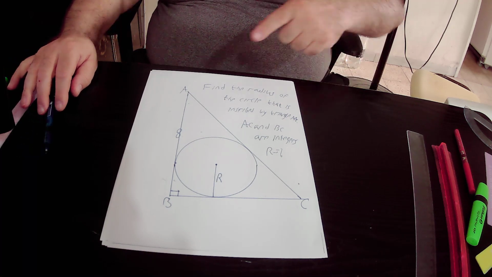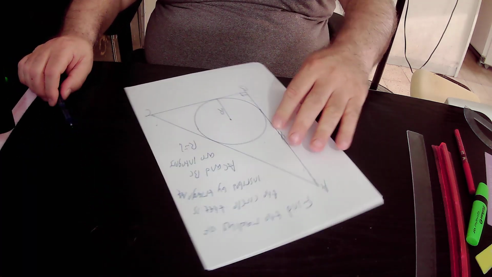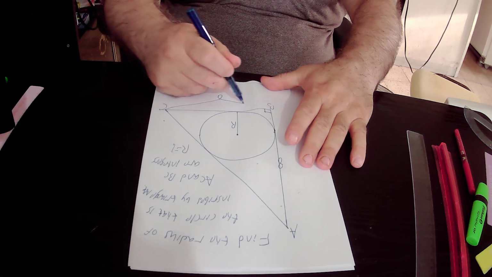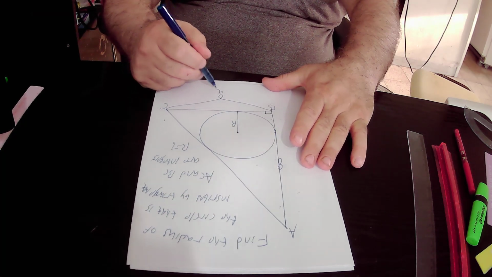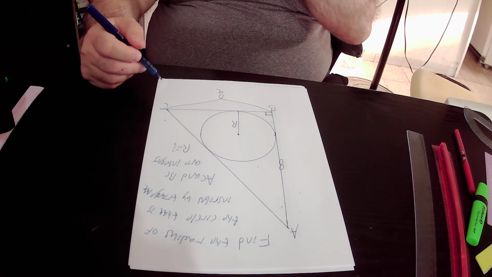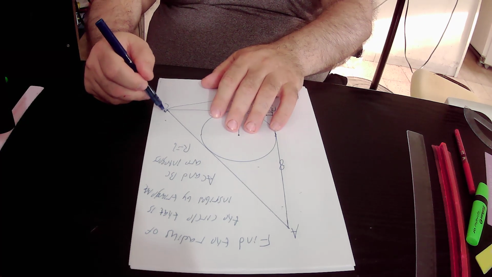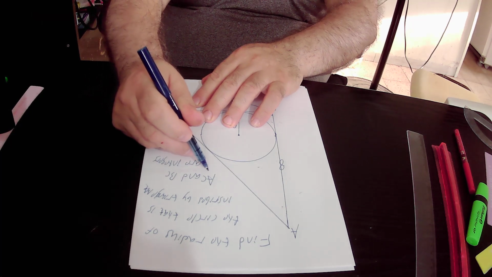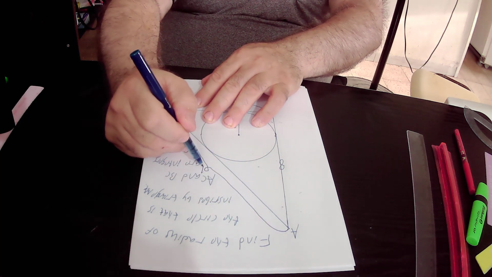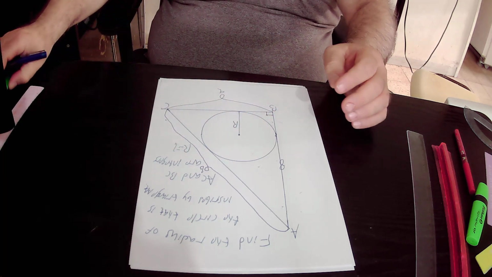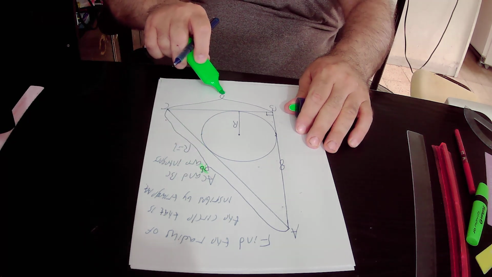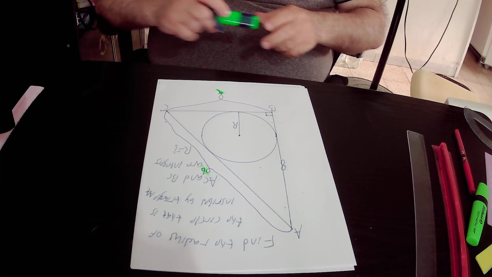So first of all, we define side BC as A. And we will define the hypotenuse AC as B. In the next step, we will implement the Pythagoras theorem on the right triangle ABC.